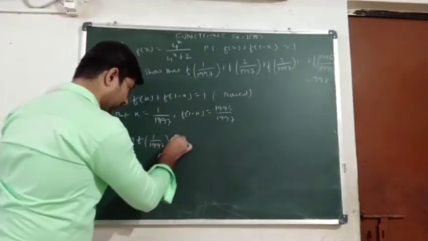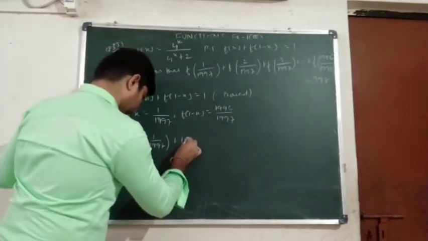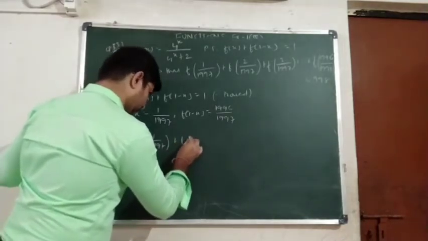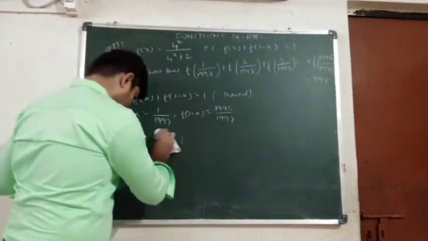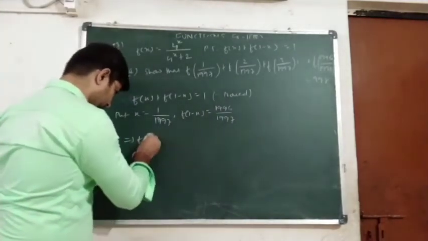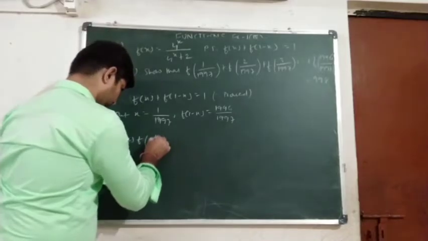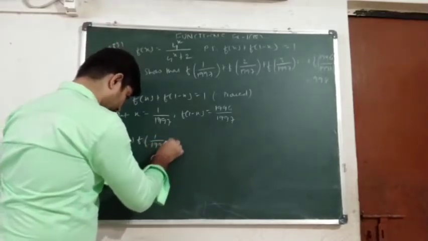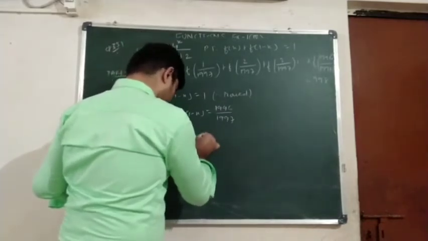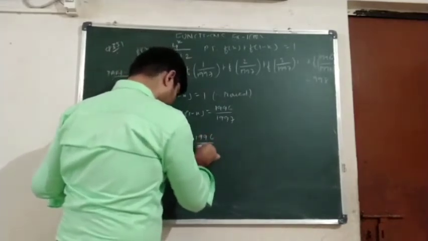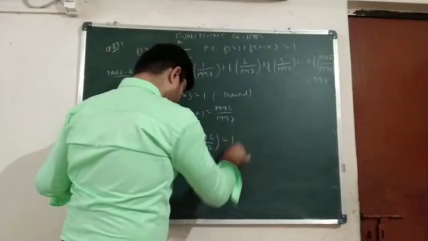Implies f of 1 upon 1997 plus f of 1996 upon 1997 will be equal to 1.